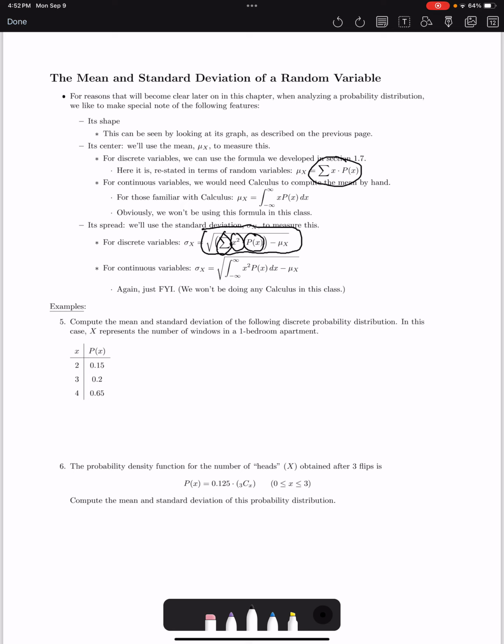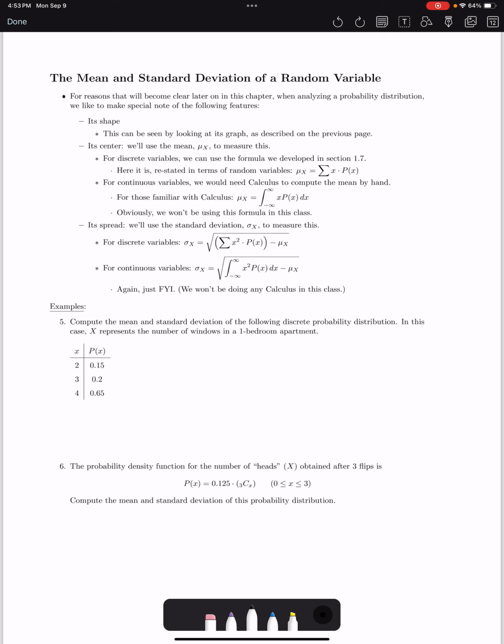And once we've done that, then we still have to subtract off the mean. So computing the mean is going to be the first step in computing the standard deviation of these things. For a continuous variable, for those of you who are dying to know, you would also do an integral. This is the integral that you would have to do for that.